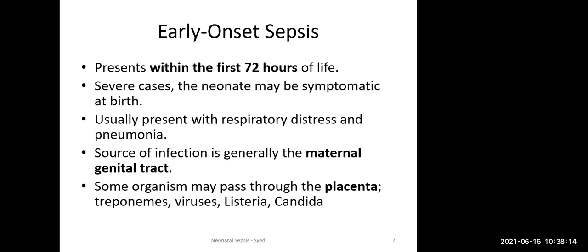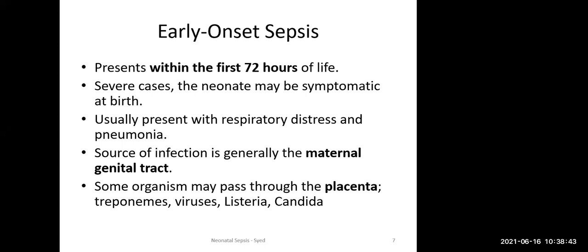Anyone? Maybe because he will have contact with the mother's genital tract. So those things go to the mucous membrane first and it can go to the lungs.